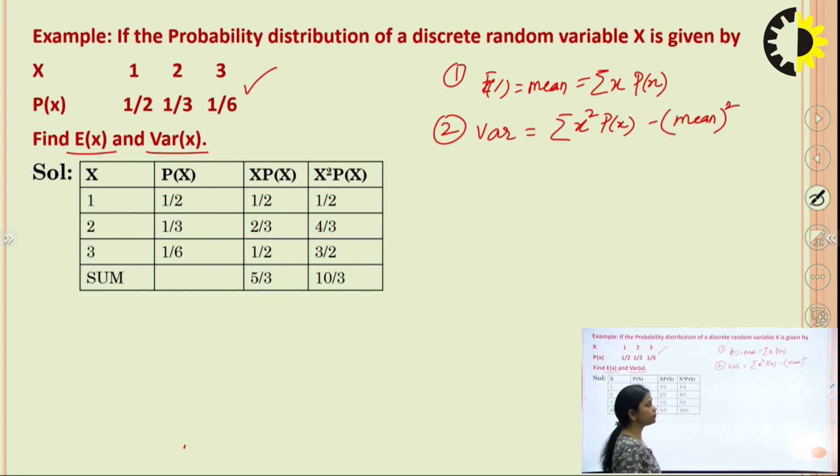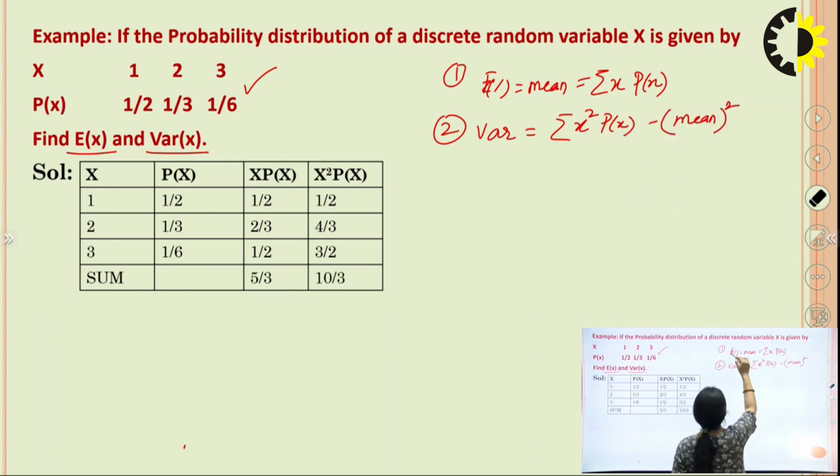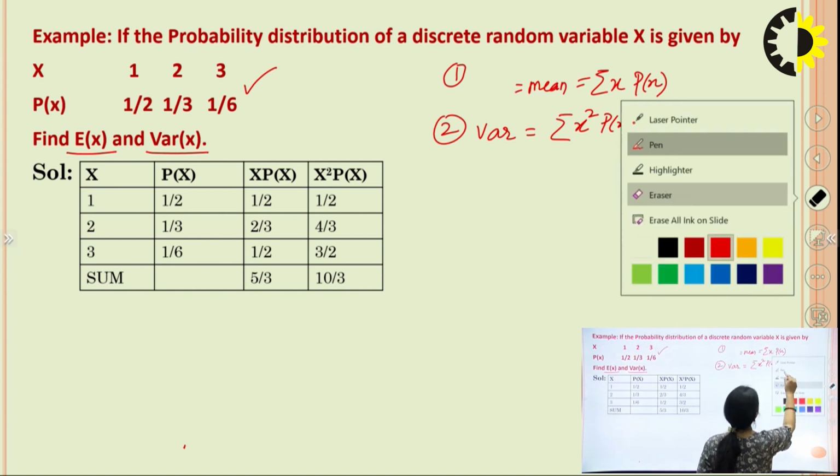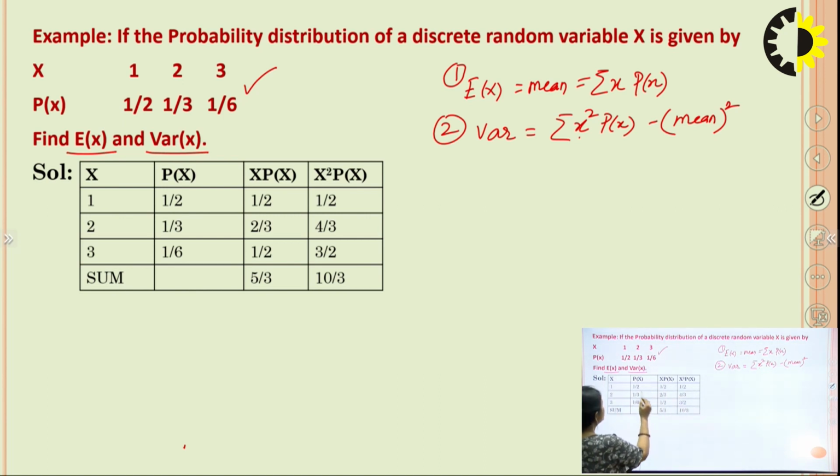These are the formulas for mean and variance. According to these formulas, read them carefully and think about what we need. We need x into px and x square into px for each value of the random variable. So make a table of calculation. Here we have the first column for the value of x, and the second column for the corresponding probability.